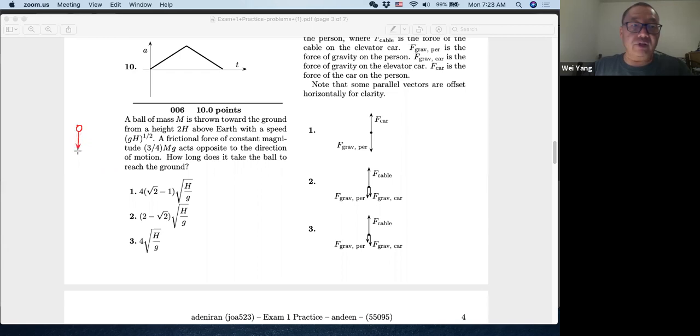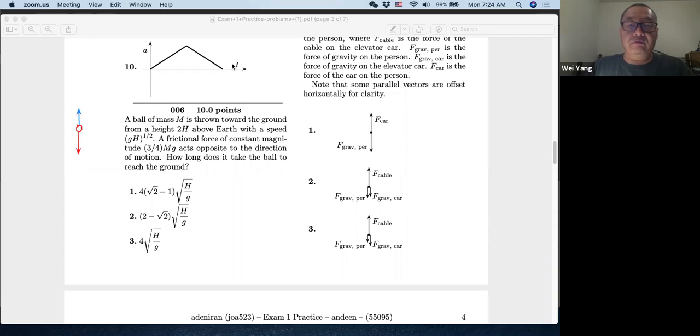Now let's draw it like this, toward the ground. Then they also tell you there is a frictional force of constant magnitude that acts opposite, so like this way.